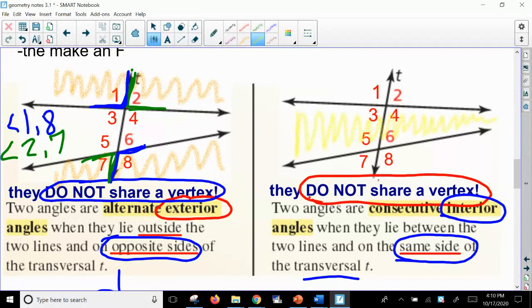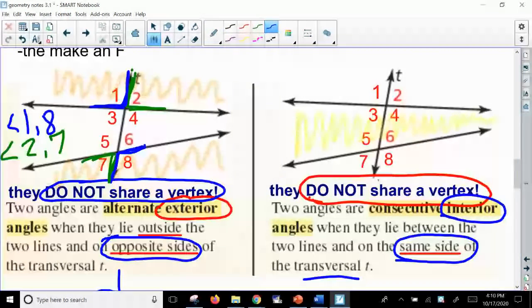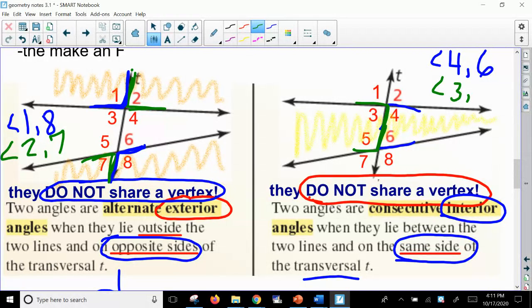Okay, so two angles on the same side of the transversal and on the interior, but they do not have the same vertex. You should be looking at angle 4 and angle 6. Also, angle 3 and 5 are consecutive interior angles.